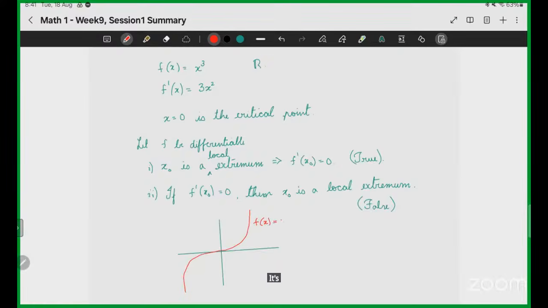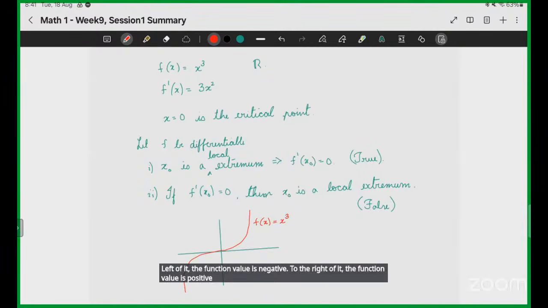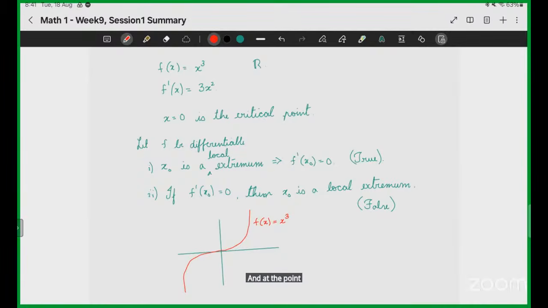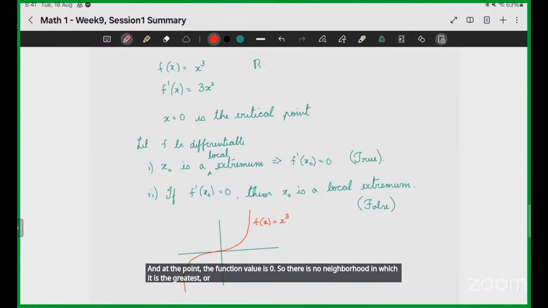It's not, right? Because to the left of it, the function value is negative. To the right of it, the function value is positive. And at the point, the function value is 0. So there is no neighborhood in which it is the greatest, or in which the function value at 0 is the least.